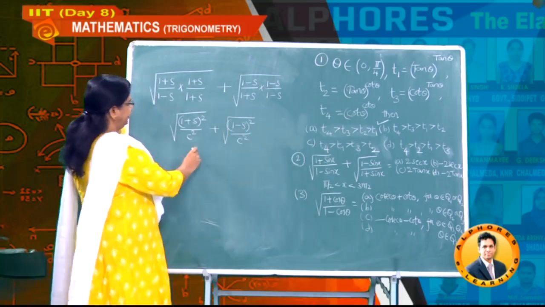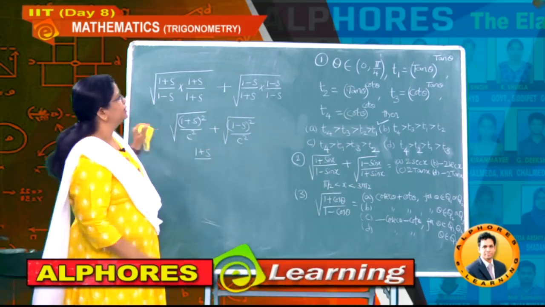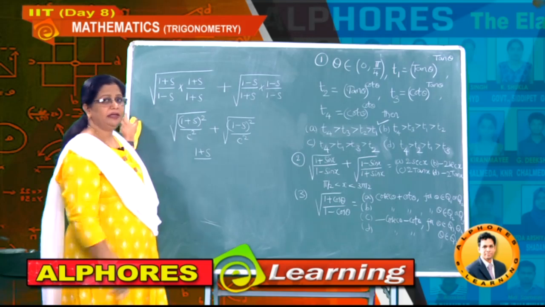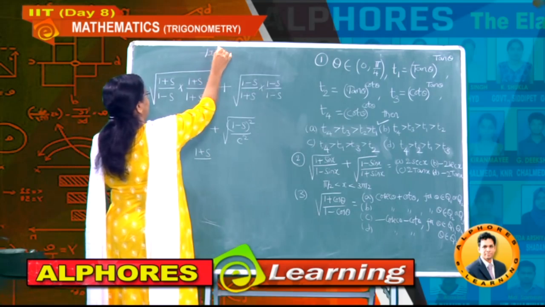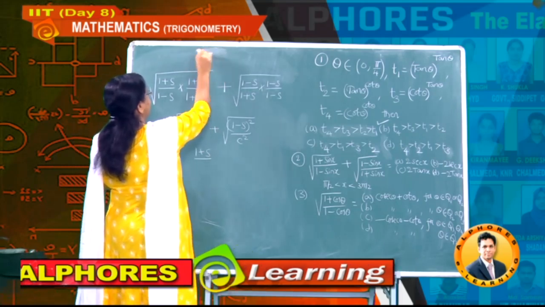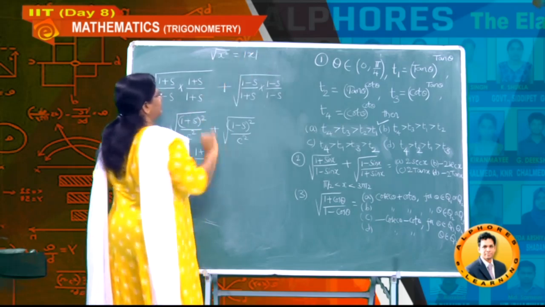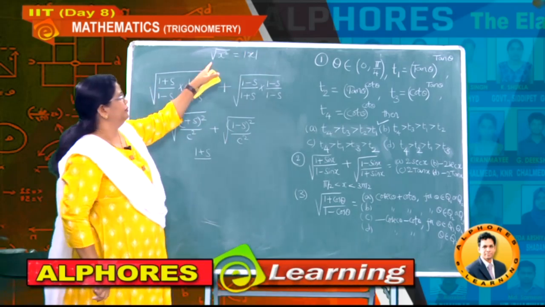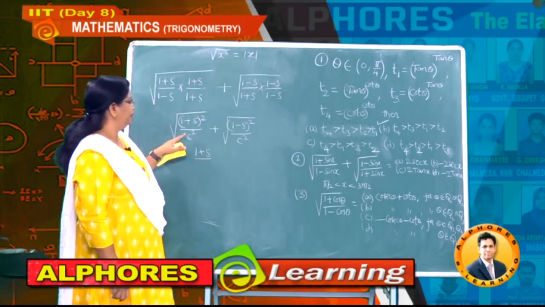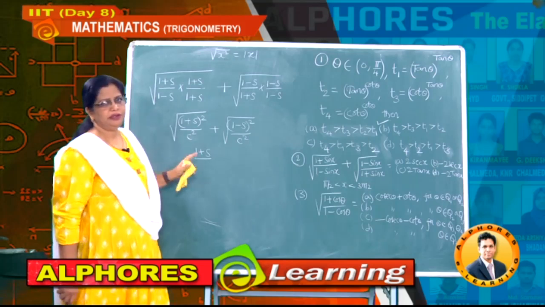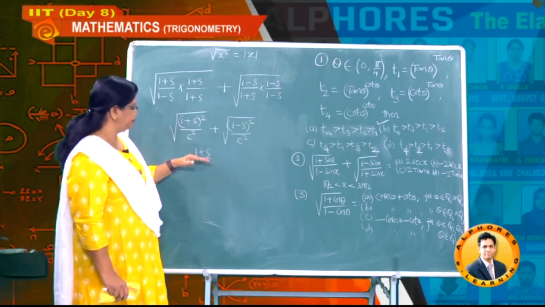Got it? Now this is 1 plus sine divided by root cos square. I cannot write directly cos. What is the reason? Earlier also we observed that the square root of x square is nothing but mod x, which means plus or minus x; the square root outcome must always be positive. Now 1 plus sine I wrote freely without using any quadrant, I did not check, directly I wrote 1 plus sine.